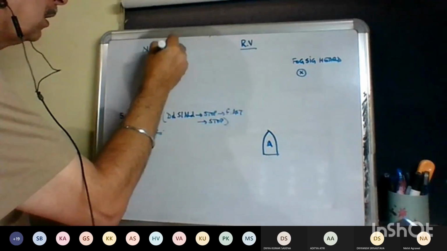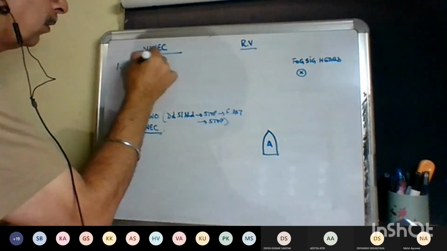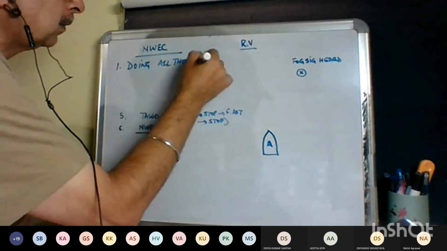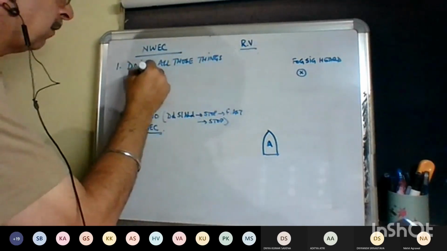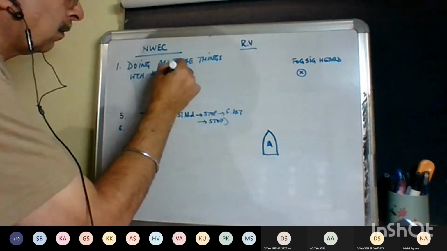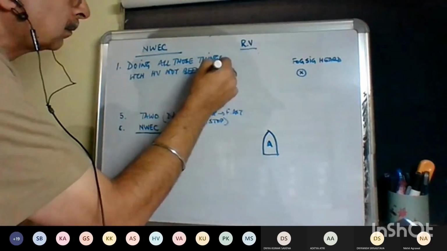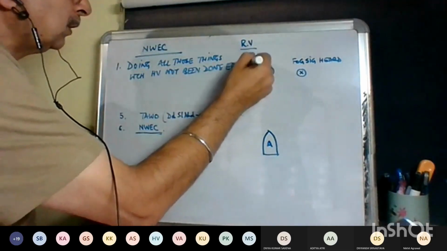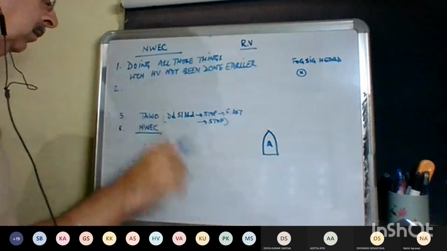Navigate with extreme caution means doing all those things which have not been done earlier. Now, what are those things which have not been done earlier?